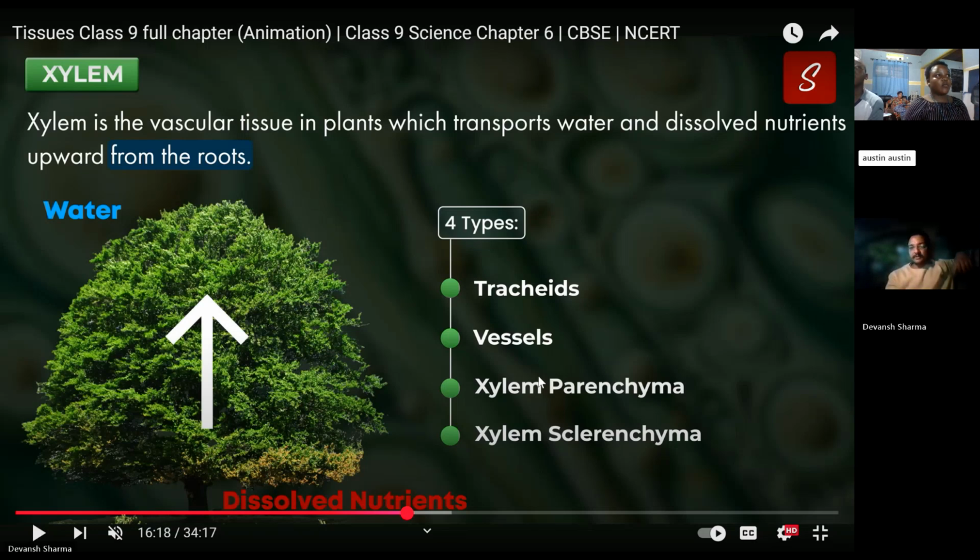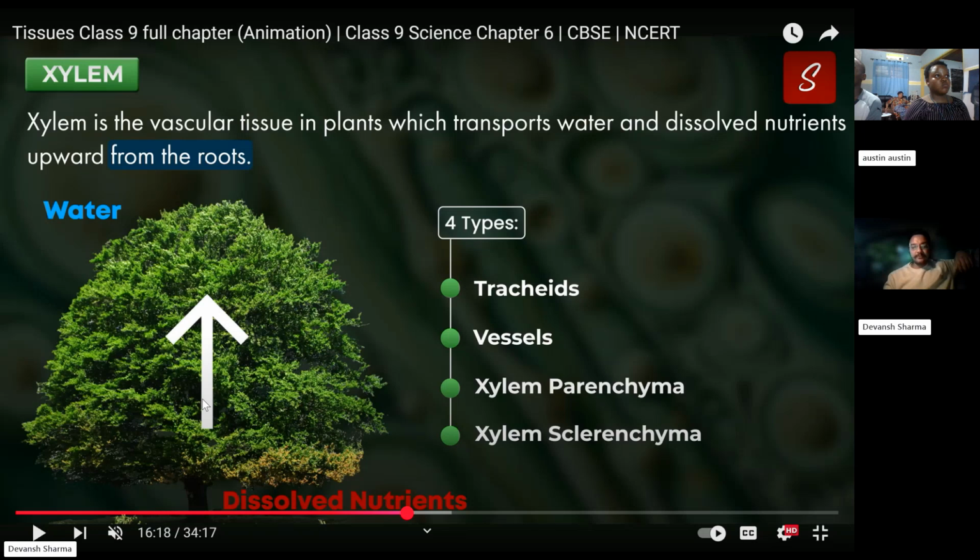The direction of xylem is unidirectional. It moves from down to up, because roots absorb the water and minerals from the soil, which are transported from the root to the other parts of the plant.